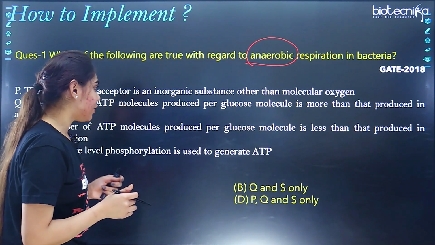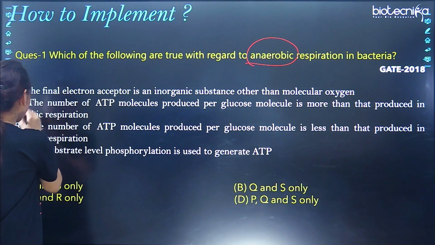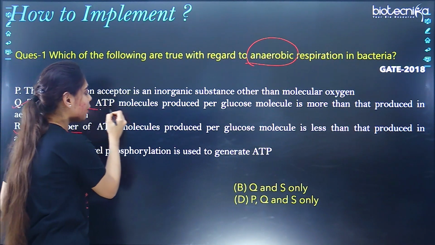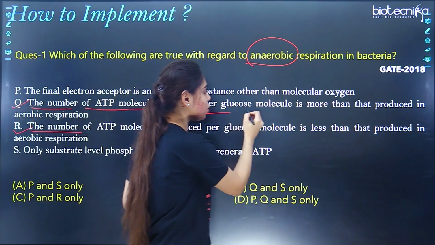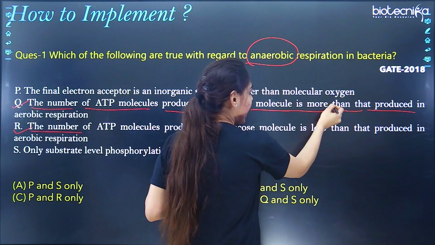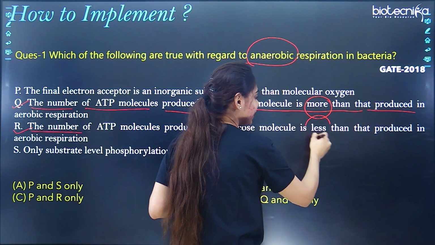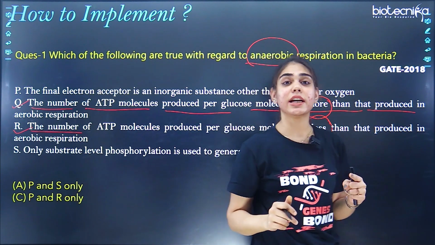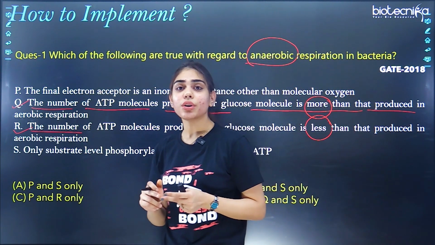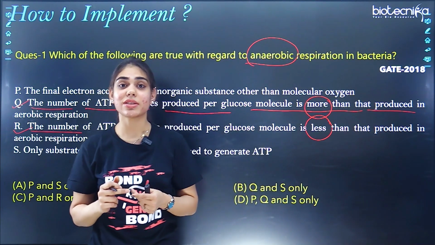So now we'll proceed with the statements. You can see Q and R are contradictory to each other. The Q statement is saying the number of ATP molecules produced per glucose molecule is more than that produced in aerobic respiration. Instead of this more, R gives less. So out of this, only one statement would be the right answer, because I've already mentioned in the previous slide, out of 2 contradictory statements, only one is right.